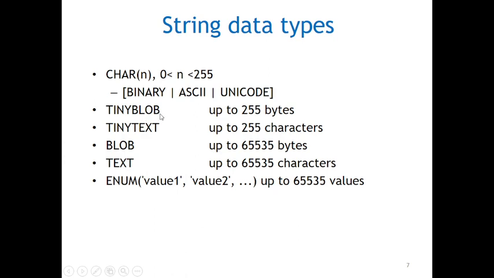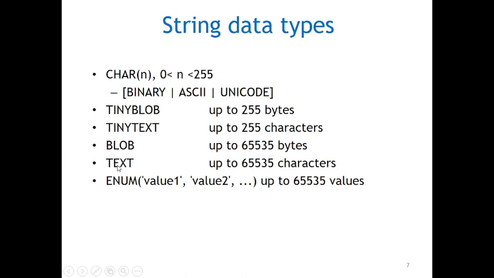Blob means binary large object, to store pictures. Like on a website, you want to upload your photo. The photo is stored in the database in this format, tiny blob or blob. Small pictures, tiny blob. If you have big pictures, this much. See, this many bytes you have.